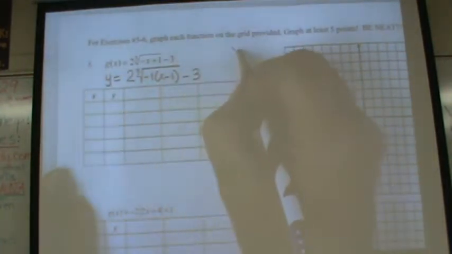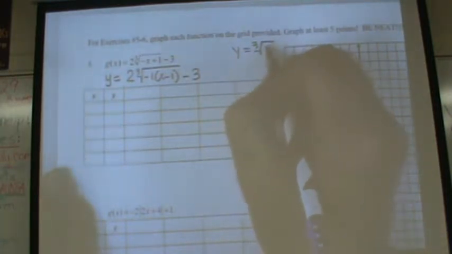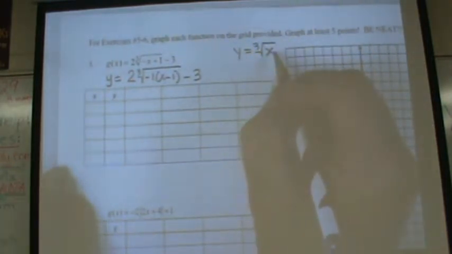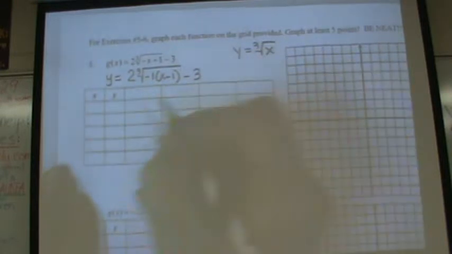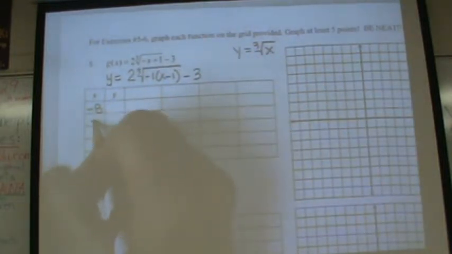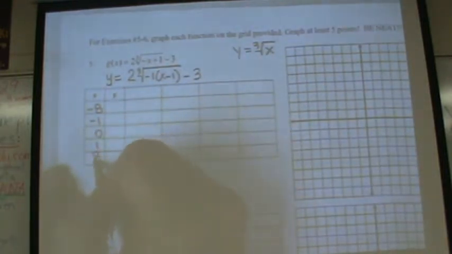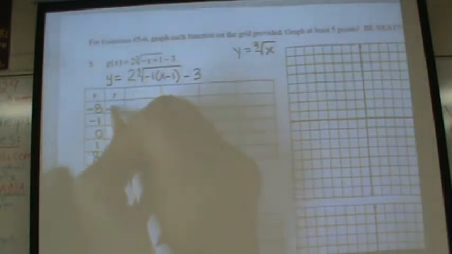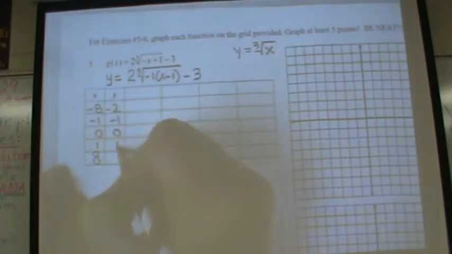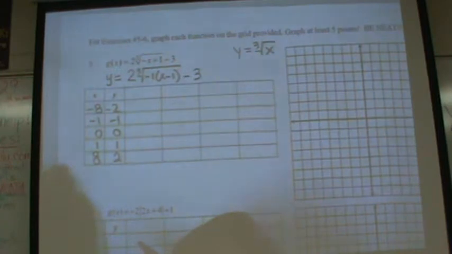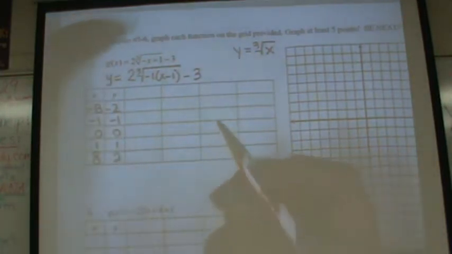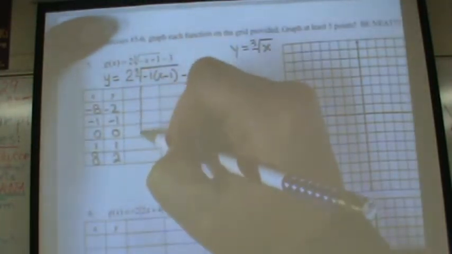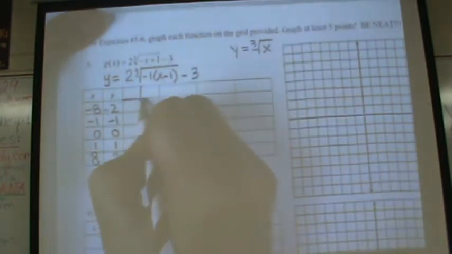The parent function is y equals the cube root of x. So we want to consider all numbers that we know the cube root of, like -8, -1, 0, 1, and 8. The cube roots of these would be -2, -1, 0, 1, and 2. So, step 1, and you don't need to use this whole table.